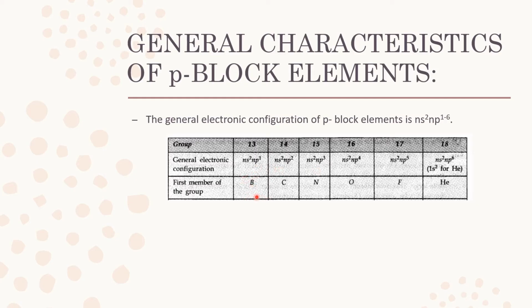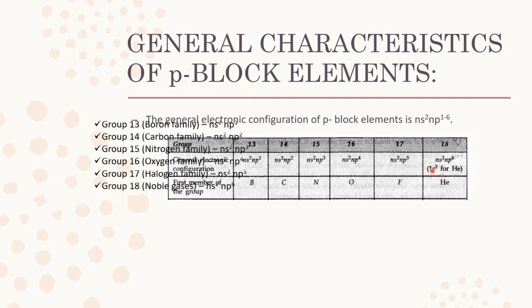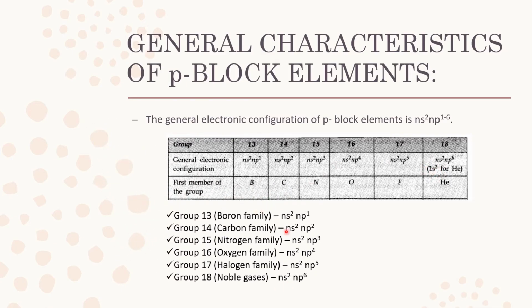The first member of each group: group 13, boron family, has general electronic configuration ns2 np1, and then for carbon family ns2 np2, for nitrogen family ns2 np3, for oxygen family ns2 np4, for halogens ns2 np5, and for noble gases ns2 np6, and for helium it is 1s2. This is the general electronic configuration.